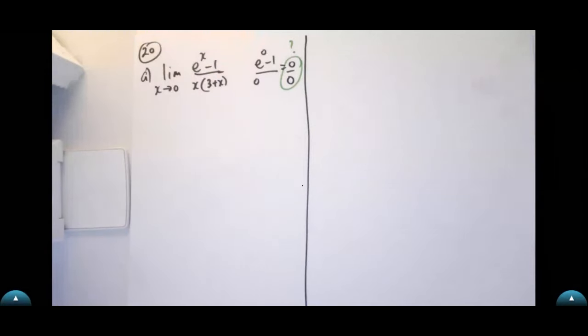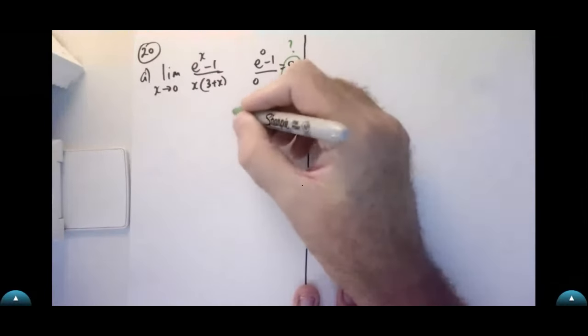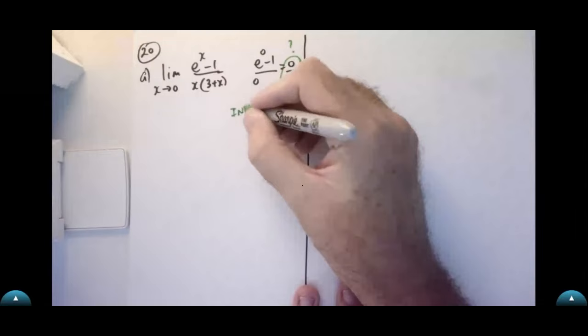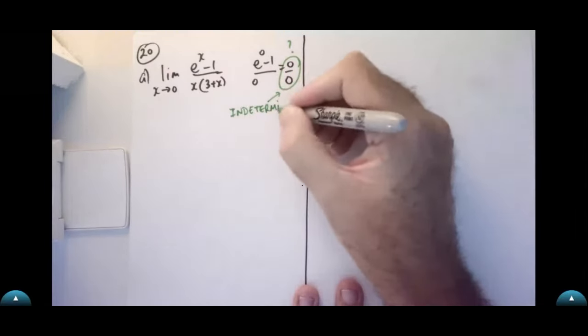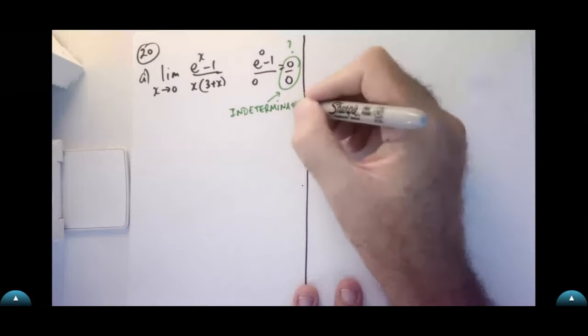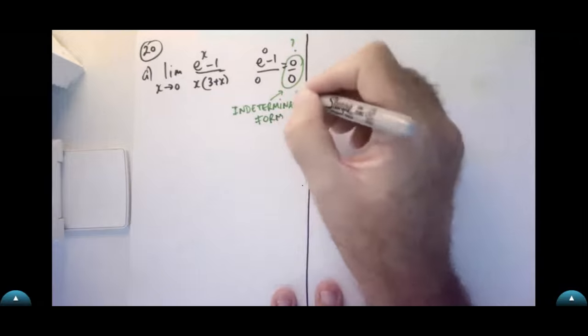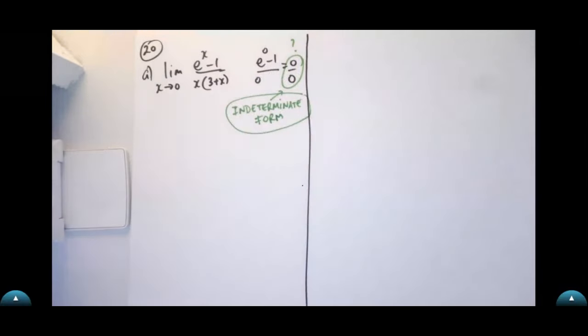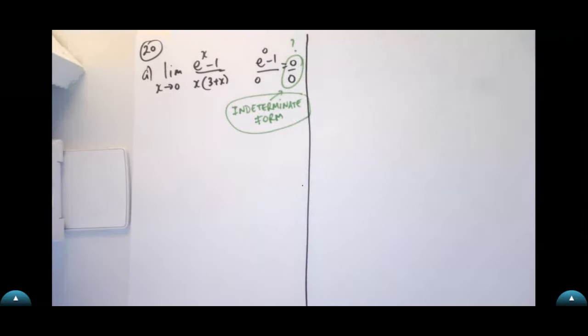Well, no, not necessarily. This has a special name called an indeterminate form. What that word means is that we don't know what this is unless we do some more analysis.